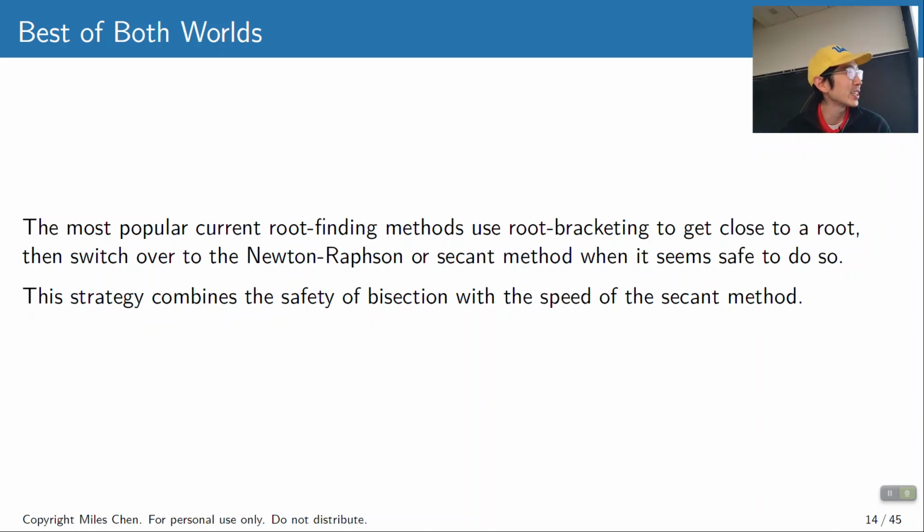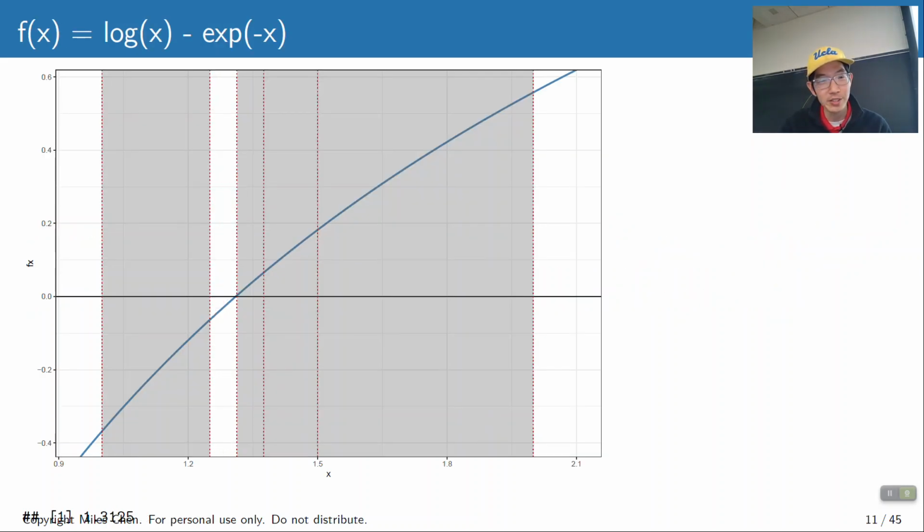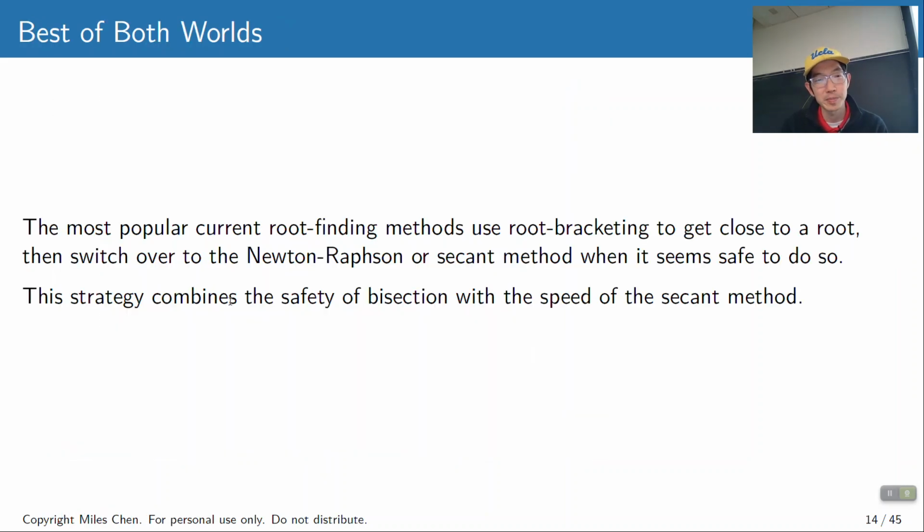Close enough is when the function is approximately linear, and at that point we will switch over to Newton-Raphson method, and that will speed up the last few iterations. Okay, so at some point maybe around here, we could say, all right, let's switch over to Newton-Raphson method. This looks kind of like a linear function at this point, and then Newton-Raphson method will find roots very quickly when it's approximately linear.